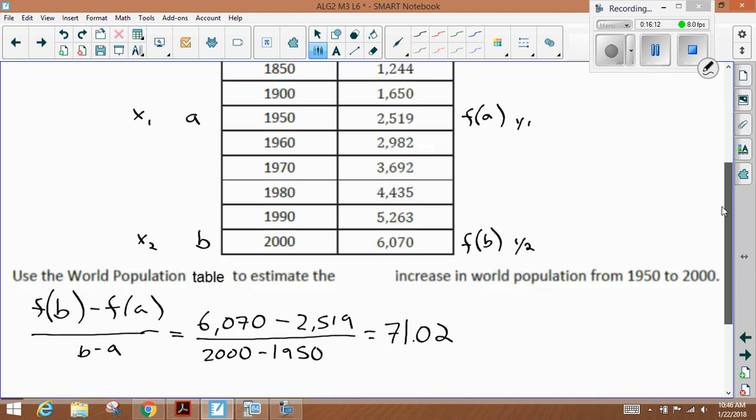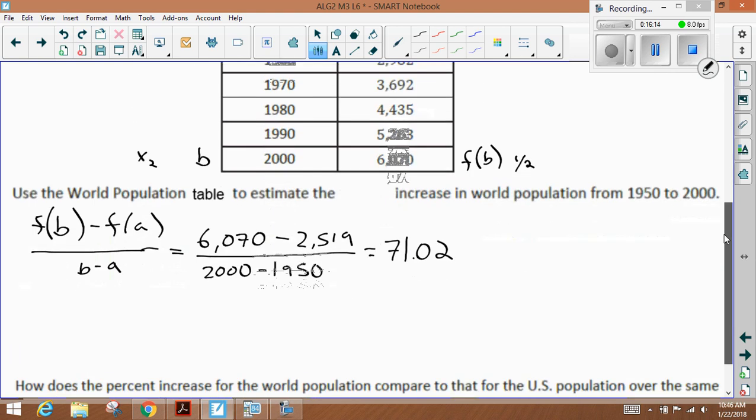Million people? Yep, and that's going to be for 15 years. Not too bad, right? It's really not bad.